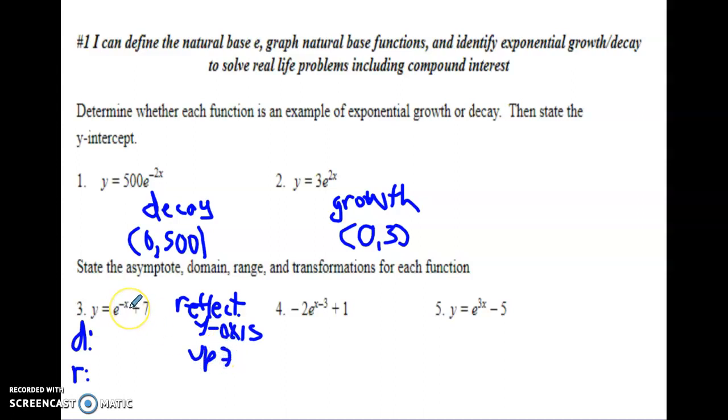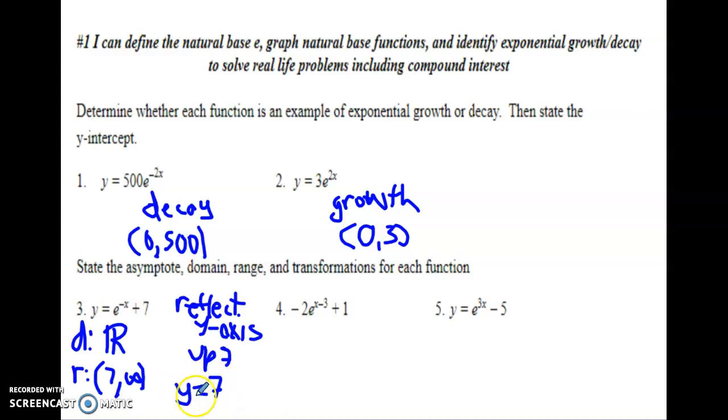The domain of an exponential function is all reals, and moving it around doesn't change the domain. So the domain is still all reals. The range of the parent function would have gone from 0 to infinity, but because this has been shifted up 7, now it goes from 7 to infinity, which also tells me that the asymptote, instead of being y equals 0, is now y equals 7.